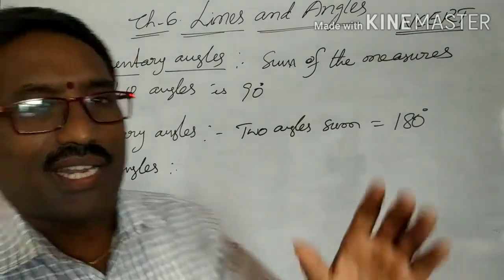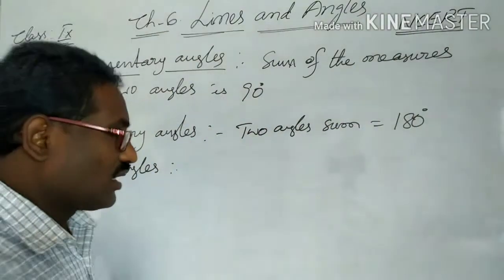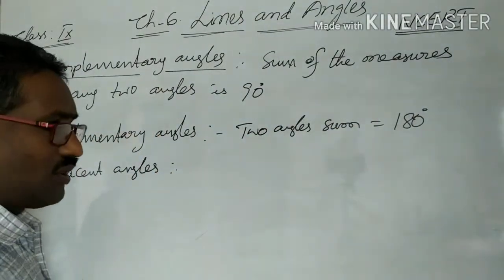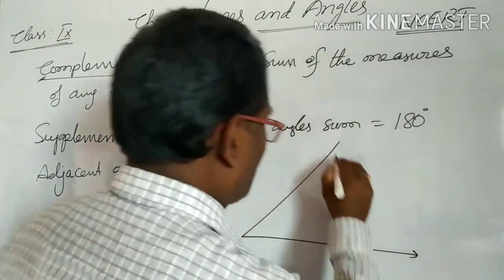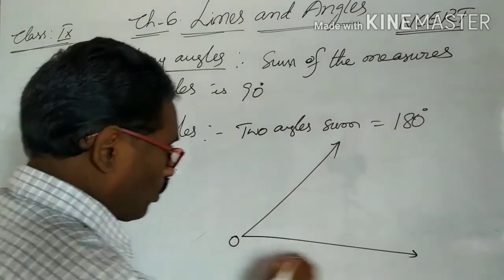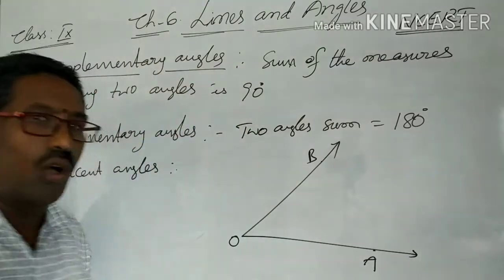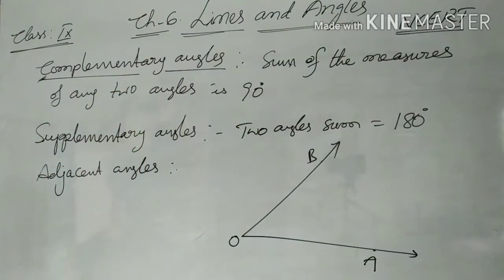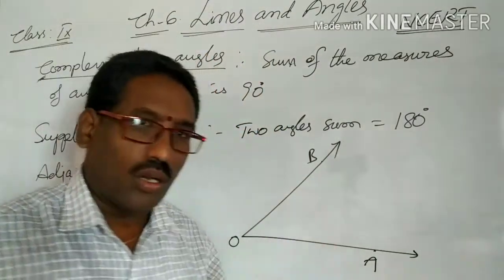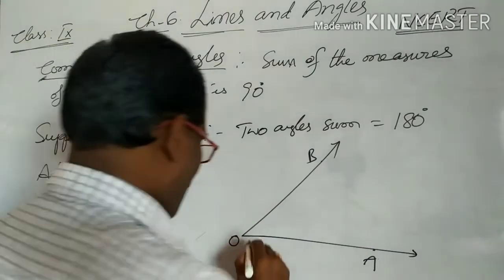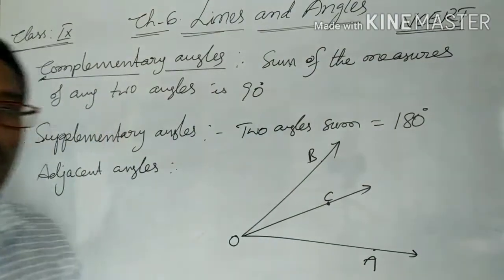See, for example, take this as O, this is A, this is B. OA and OB are the two arms, two rays, and another arm OC is the common arm.